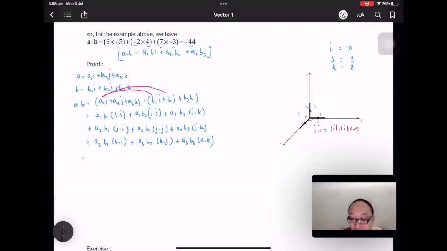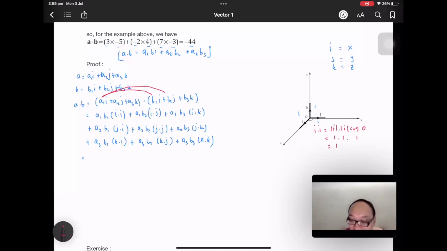The angle theta between i and i is 0 because they are parallel. Cos 0 equals 1, and the magnitude of i is 1. So i dot i equals 1.